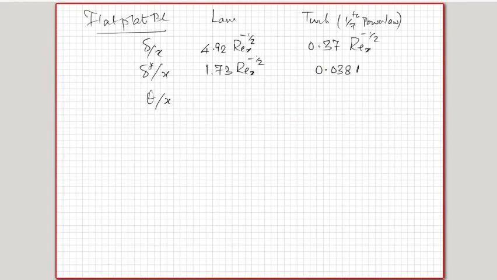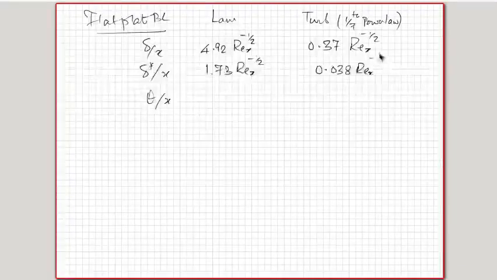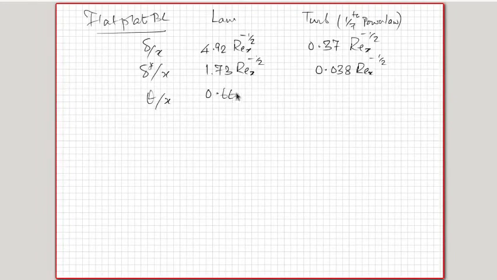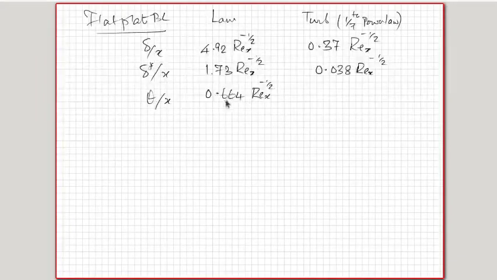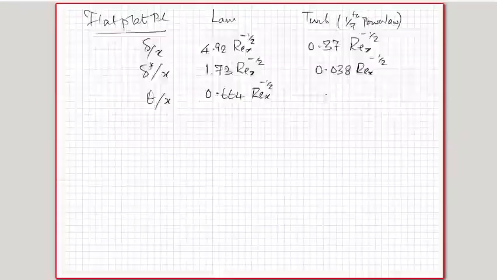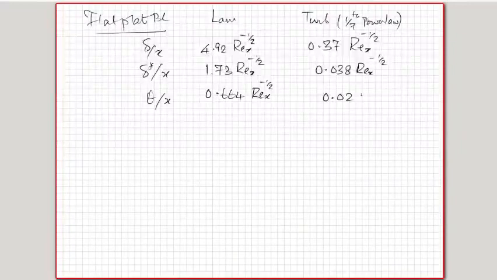The momentum thickness would go to 0.038 Rex to the power of minus half, and for laminar this will be 0.664, the constant you are familiar with, Rex to the power of minus half, because that is the expression that you get in the Cf by 2. And here you get 0.0296. Sorry, this is Rex to the power of minus 1 by 5.